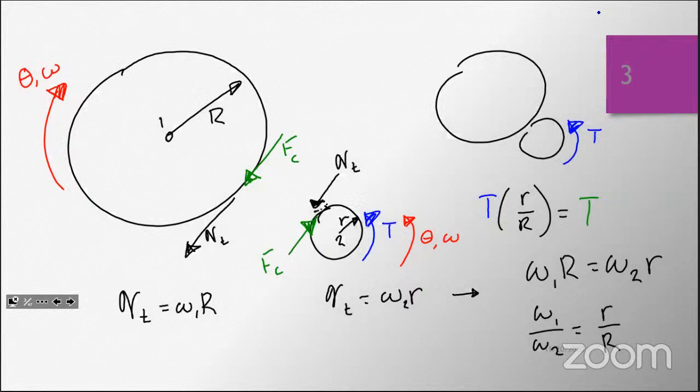If the gear ratio is the small gear divided by the large gear, the bigger that this R is, the smaller my gear ratio is, which means the less torque I produce on the back end. So this is a torque reducing system.